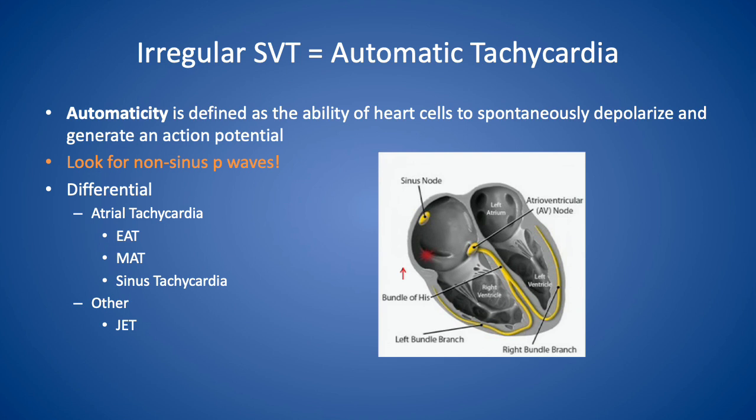So when we see these automatic tachycardias, they are really other cells from some other location firing away and taking over the heart rate. The classic way to find this is to look for non-sinus P waves. If it's a single source, it's an EAT. If there are multiple different sources, it's MAT. And if it's coming from the AV node or near the AV node, it would be a junctional ectopic tachycardia.